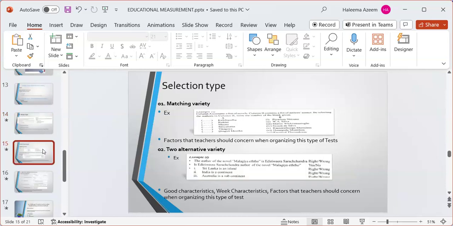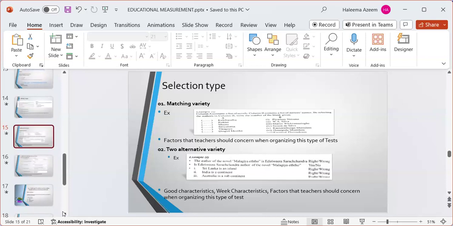My next slide is about the selection type. Under this type, we will see the matching variety. This type measures simple knowledge. In this type of test, teachers should be concerned about the size of the list of the stimulus and responses. It means the number of responses must be greater by at least one.